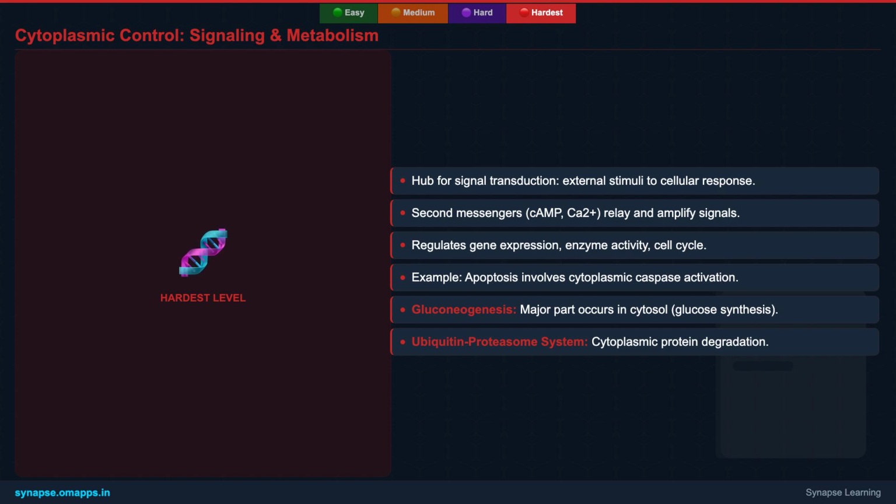Metabolically, the cytoplasm works in synergy with organelles. For example, gluconeogenesis, glucose synthesis, involves initial mitochondrial steps, but the majority of the pathway occurs in the cytosol. The ubiquitin proteasome system, a major protein degradation pathway, also operates primarily in the cytoplasm, crucial for protein quality control and cellular regulation.